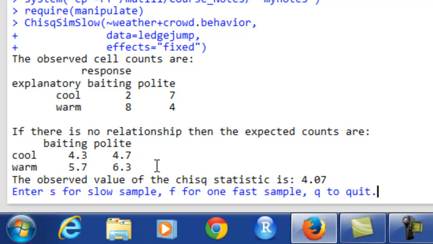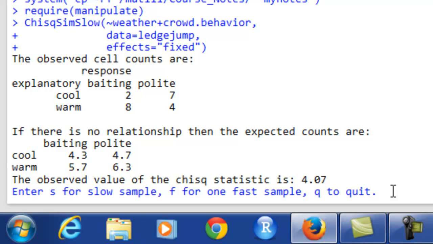So it's saying, here's what you would expect to see if the null hypothesis were right. It tells us the observed value of the chi-square statistic for the actual two-way table in the study, 4.07. And then it says, would you like to repeat the study?